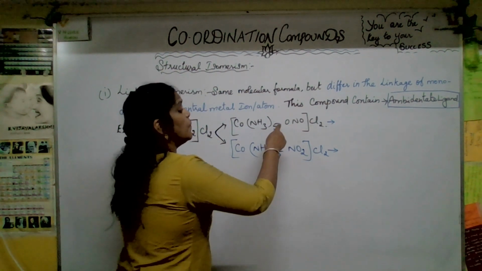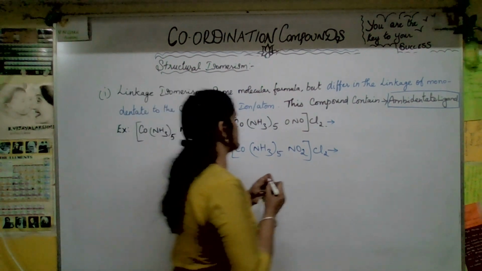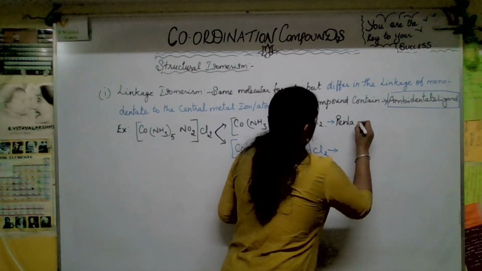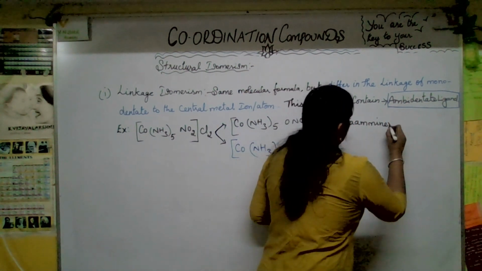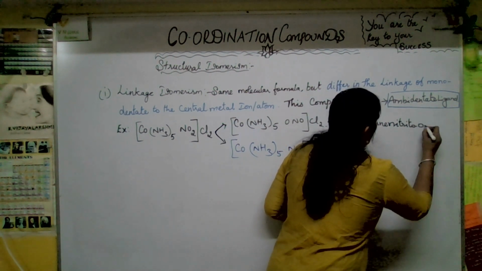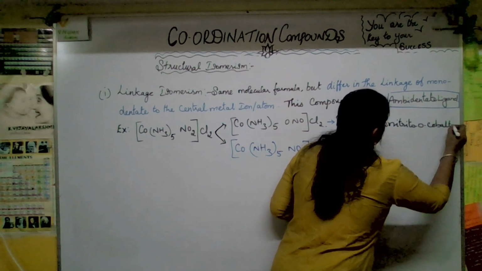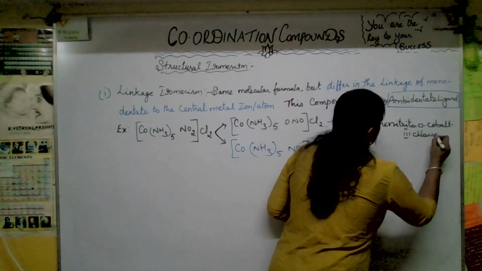Now what is the name of this? When the central metal ion is attached to oxygen, what name can we provide? Pentaamminenitrito-O-cobalt(III) chloride.